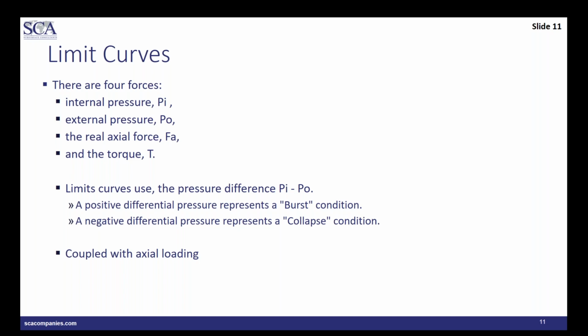Now we have to consider the burst condition, which is the positive differential pressure, then the collapse for the negative differential pressure conditions, and also under axial loading. Now we deal with a lot of loads, and the properties change, not only based on the force, but also on the temperature.